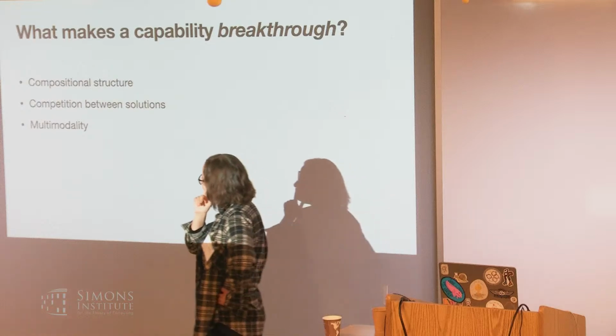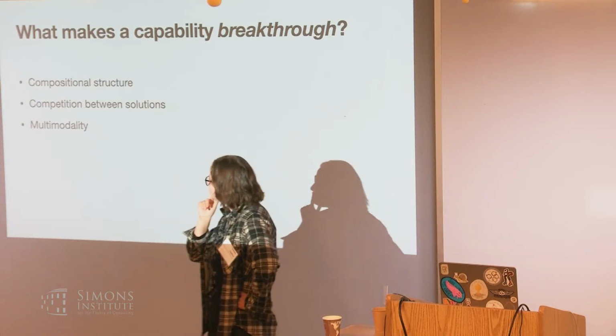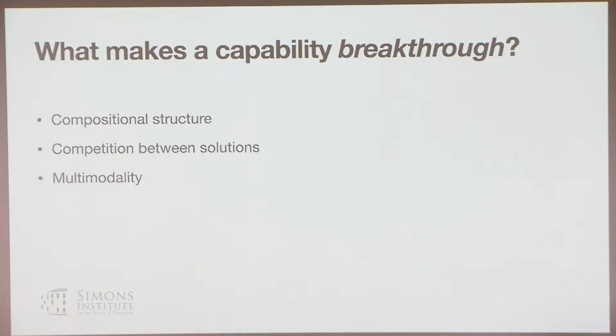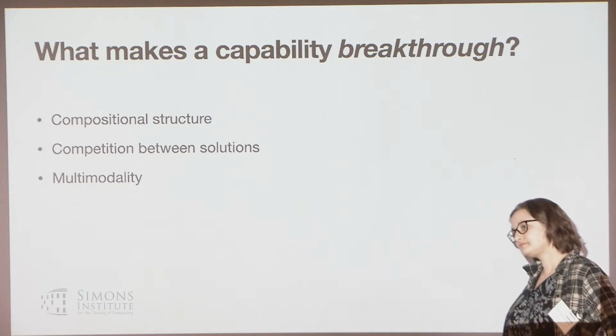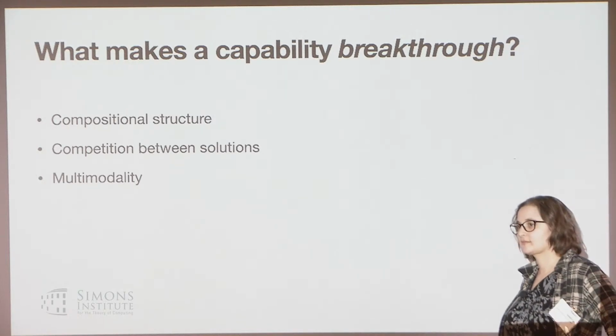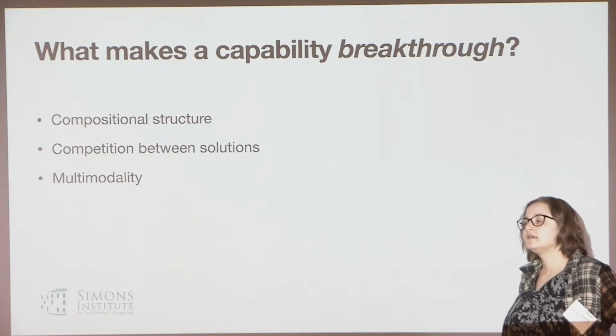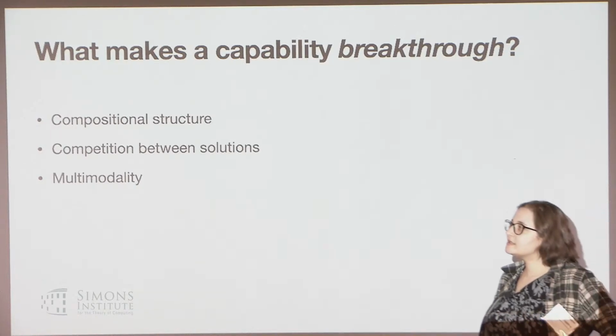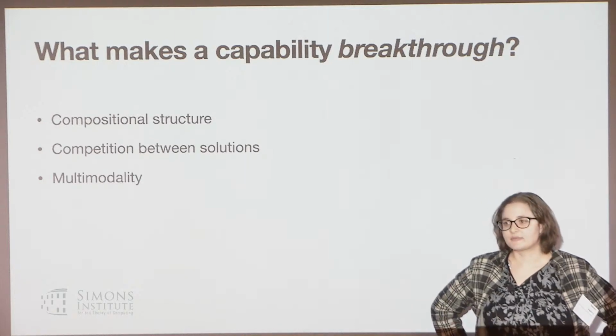I see, that's one characterization, but sure. Maybe I'll just finish and then you can tell me. Yeah. So I was wondering whether that's what you think is going on here, where you have competition initially and then the suppressed solution just gets removed, or you just have a winning solution and the suppressed solution is not removed, but it just doesn't have as much of an effect on the logits at the output. Yeah, I think both can happen actually.